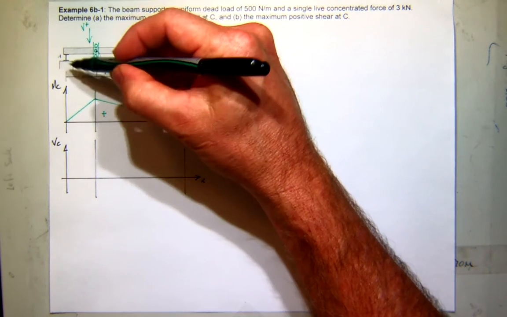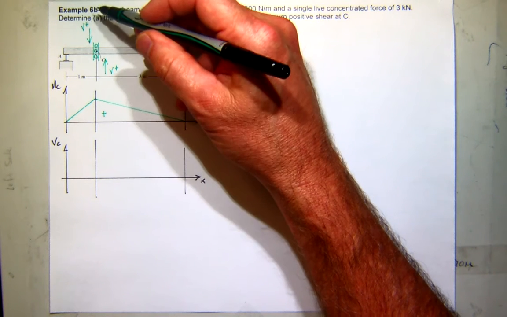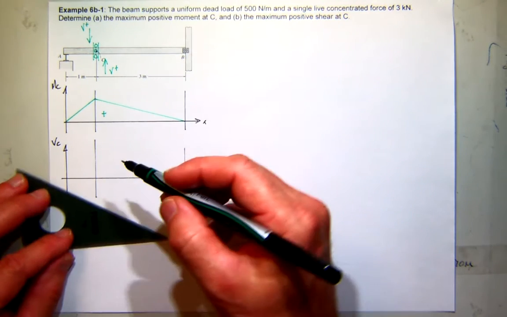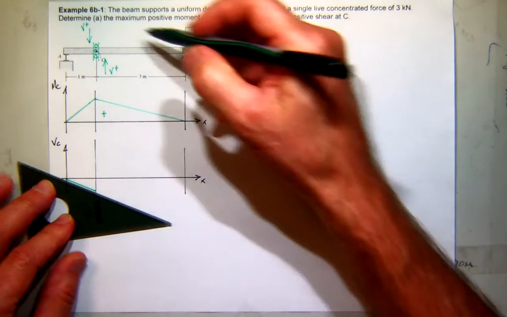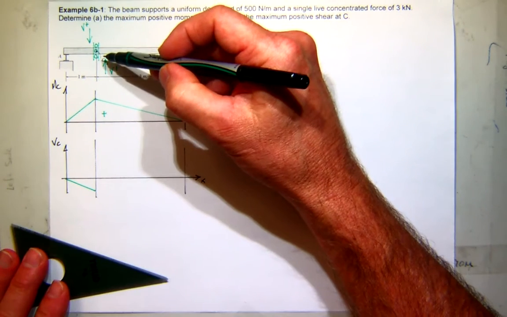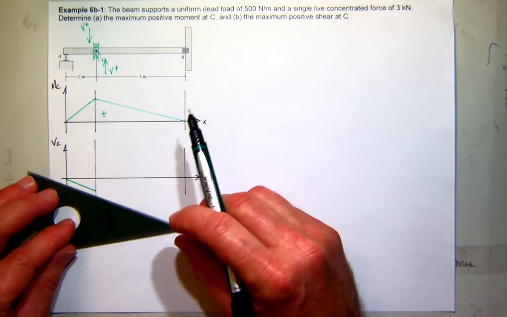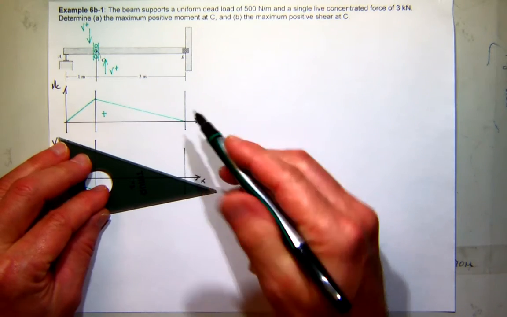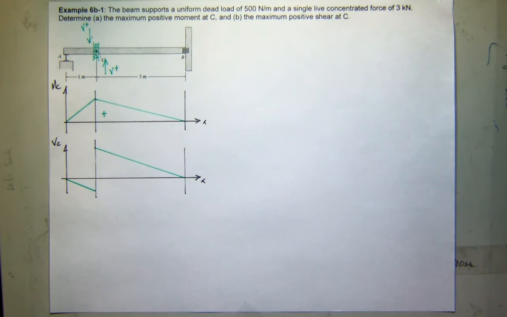So looking at the left segment, is this point going to go down or up? Down. And then on the right segment, down or up? Up. So I'll draw that to scale. You get a shape that looks like that.